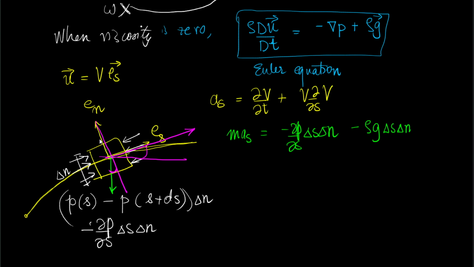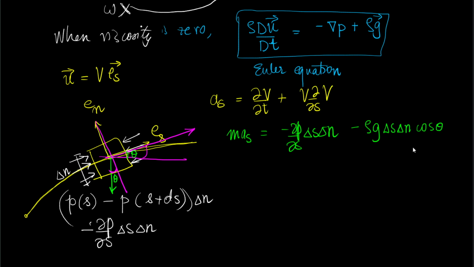If this angle is theta, then this angle is also theta. Okay, so delta S times cos theta.